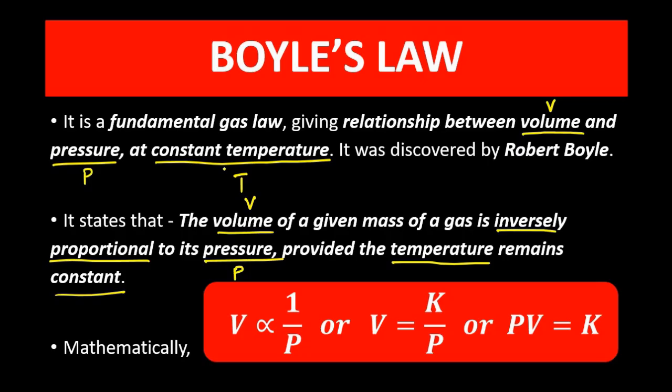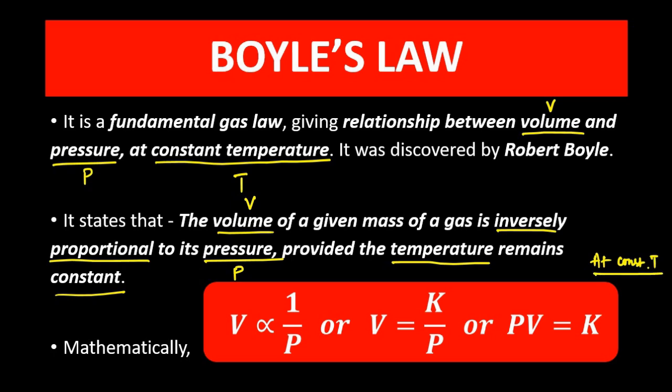If we take P to the left hand side, it will go to the numerator and we'll have PV equal to K. That is, the product of pressure and volume at constant temperature is always a constant value.